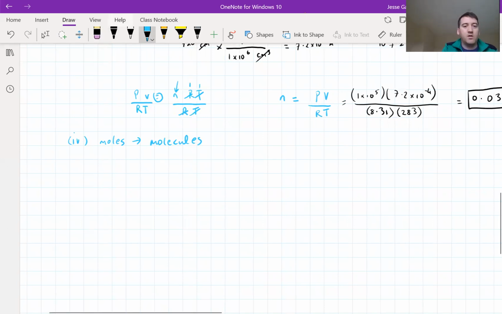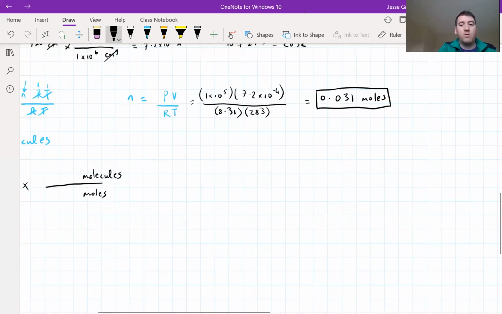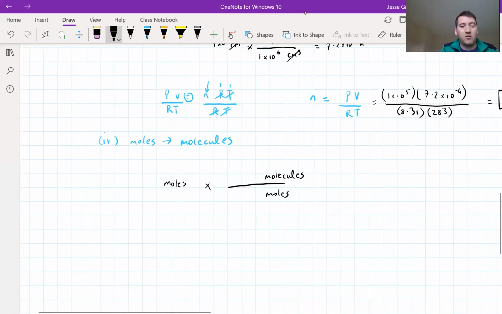All right, so I'm going to use a unit analysis to do this. I'm going to start with moles and I'm going to convert between moles and molecules. Pause the video, write down the conversion here. Well, first of all, we started with this many moles of CO2, so that's our starter over here, 0.031.